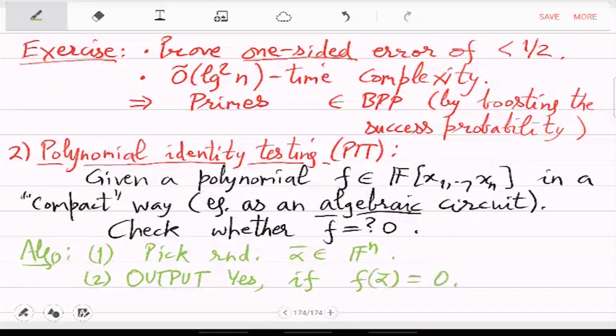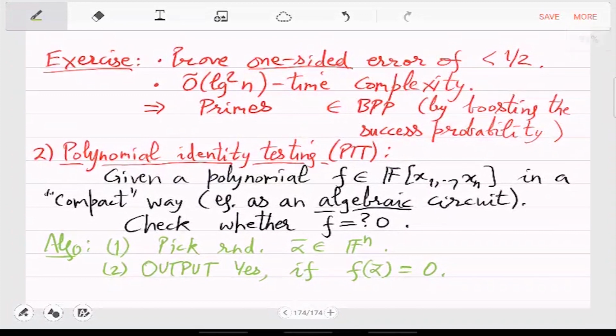Okay, so on a random point, if f vanishes, then you suspect it to be identically 0, an identity. If it doesn't vanish, then you know that it's not 0. You output no. Okay, and show that this is a good algorithm. This is a good practical algorithm that you can utilize.